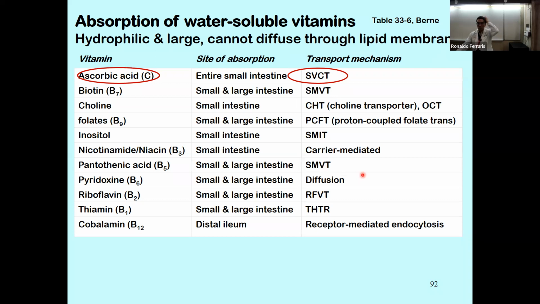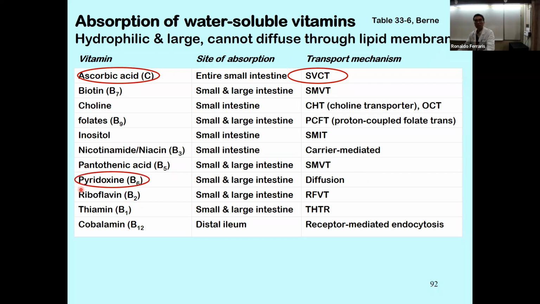Now, why do you need to supplement yourselves, especially if you are recovering from an illness, if you're pregnant, or if you're going to the Olympics for a really stiff competition?